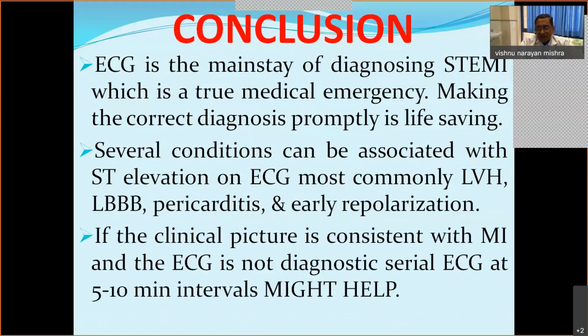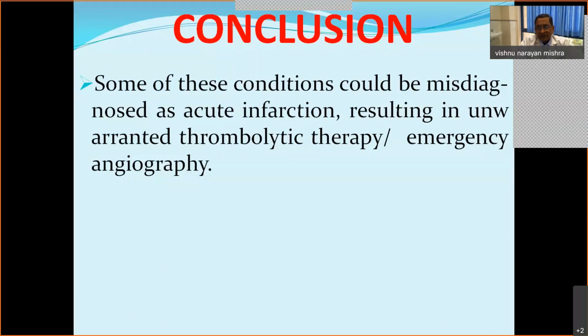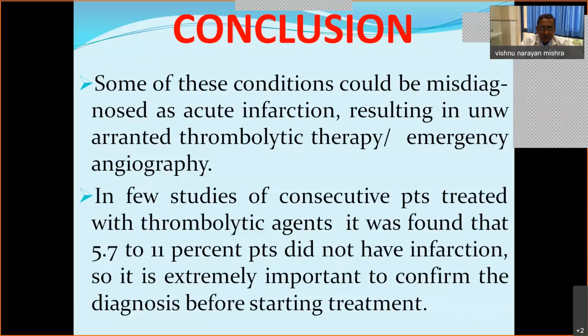If the clinical picture is consistent with MI and the ECG is not diagnostic, serial ECGs at 5 to 10 minute intervals might help in making further comment whether it is MI or non-MI. Some of these conditions may be misdiagnosed as acute infarction, resulting in unwarranted thrombolytic therapy, emergency angiography and even sometimes angioplasty, or rather alerting the cath lab for angioplasty.